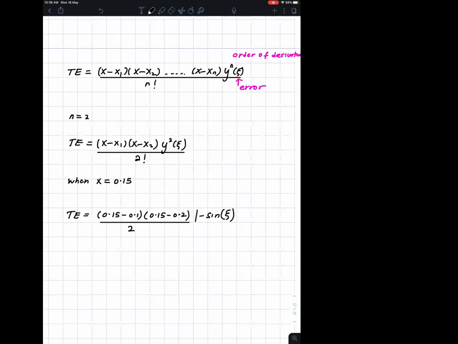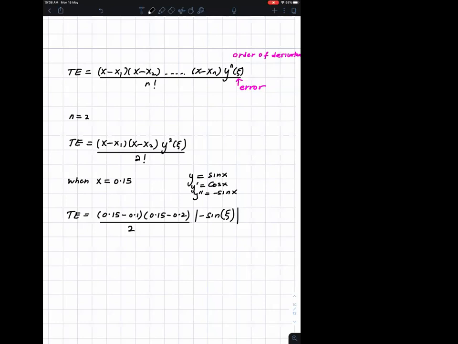Why is there a minus inside here? Because you know y is equal to sine x. The first derivative is equal to cosine x. The second derivative is equal to minus sine x. And that's why you have a minus sign inside here. In this case, you replace the x with the error.